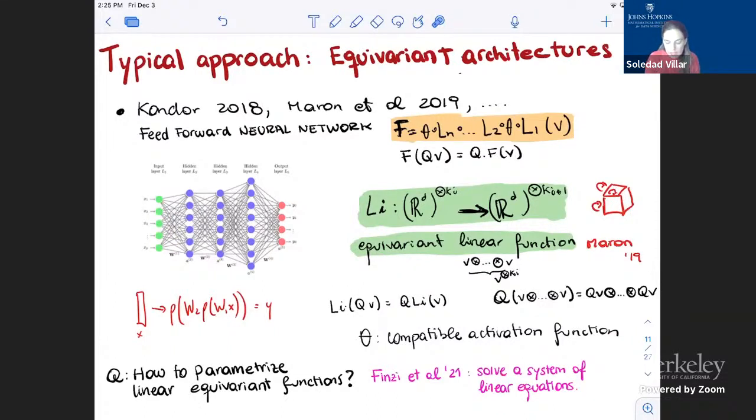The idea is that the linear functions that are equivariant form a linear space. So if you have enough constraints expressed in this form, you can solve a system of equations, find a basis of this linear space, and parameterize the functions using that. So you can learn the parameterization of the space of equivariant functions on the fly.